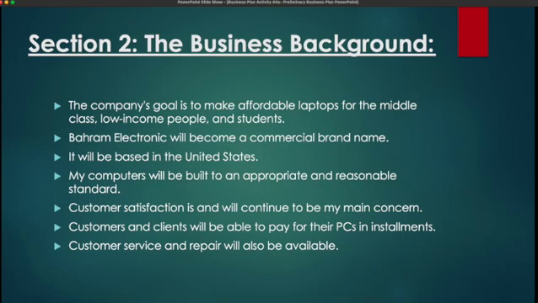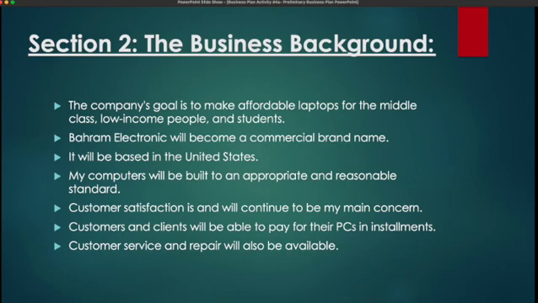My company goal would be to produce affordable laptops for those who are middle class and low income people, and finally students. The brand I would like to represent would be Bahram Electronic, and the company will be American based.